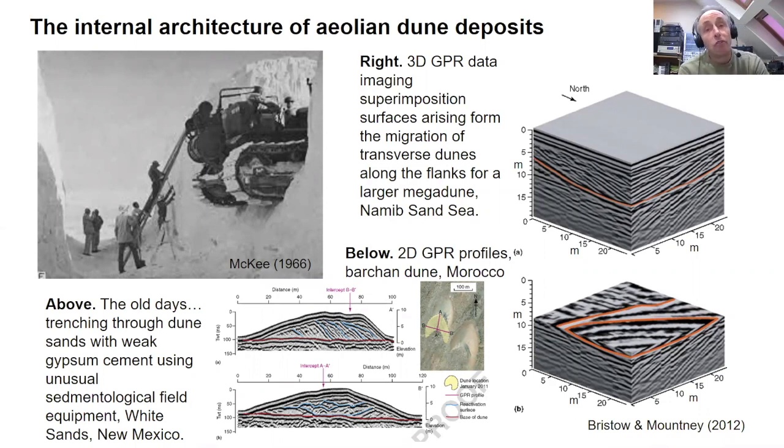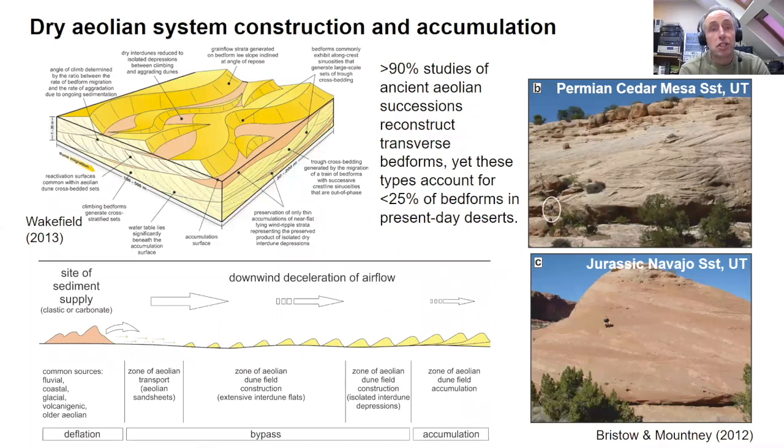So I mentioned then that we really need to grow bed forms to a scale or a size where they cover the depositional surface, and only then do they typically start to climb over one another. And this specifically applies to what we call dry systems, where the water table or capillary fringe is significantly beneath the depositional surface.